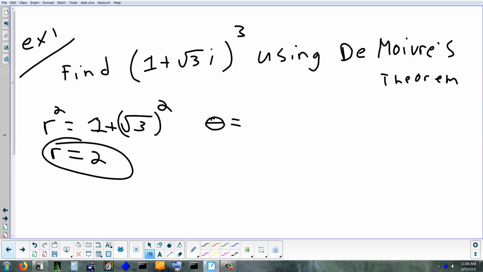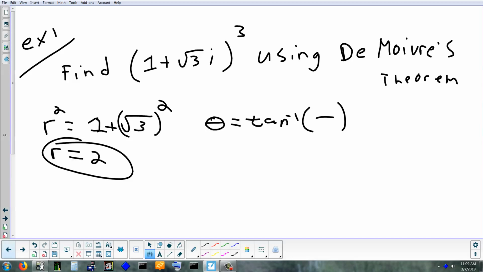The angle, first thing I need to know is my quadrant. What quadrant am I in here? 1. What's the formula to find theta in quadrant 1? We can do it in degrees. We'll do this one in degrees. The inverse tangent of y over x.